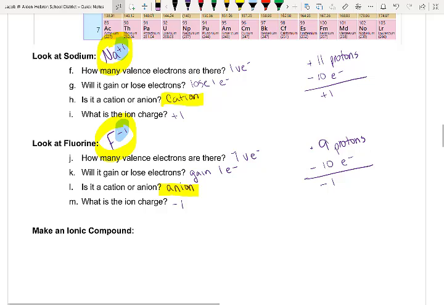From there, you want to make sure your charges match. So here we have sodium, which was a +1, and you have fluorine, which is a -1. +1 minus 1 is going to equal 0, which means it is a neutral compound.